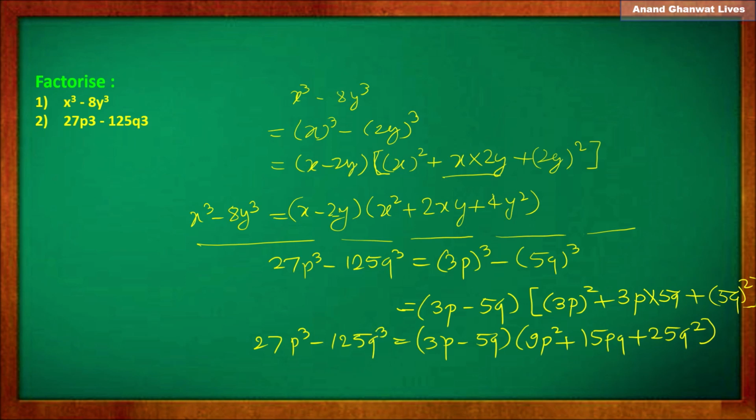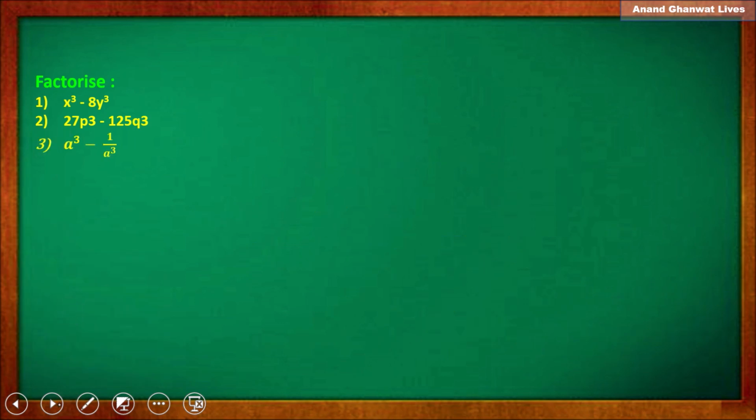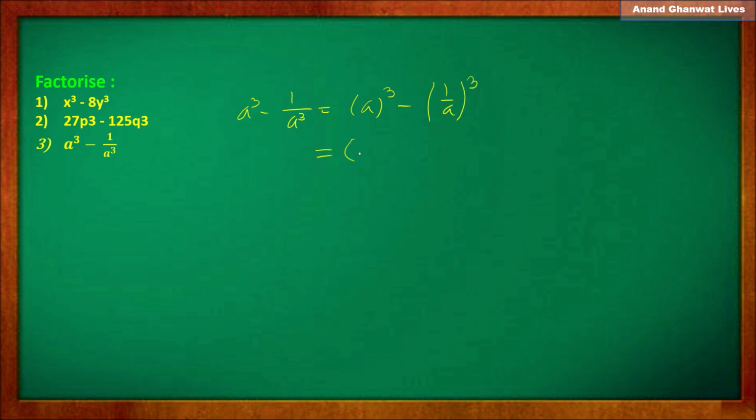Okay. Now next, that is third example, a cube minus 1 upon a cube. Now express it in the form of a cube minus b cube. So cube of a minus cube of 1 upon a. It is equal to a minus 1 upon a into another bracket the square of a plus a into 1 upon a plus square of 1 upon a.